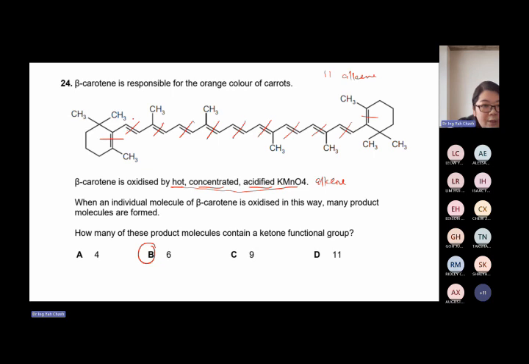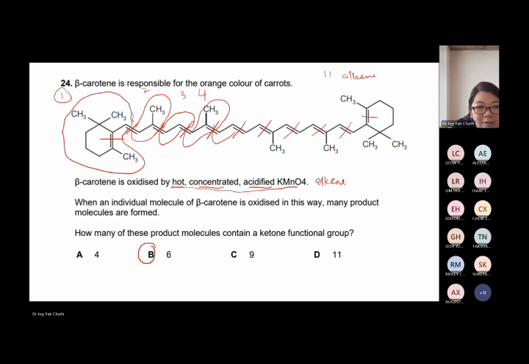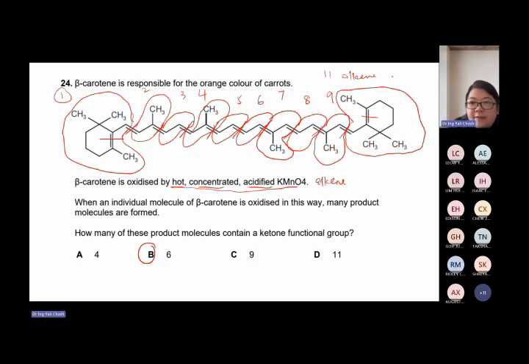So here, this whole thing, first molecule, second, third, fourth, fifth, sixth, seven, eight, nine, and 10.